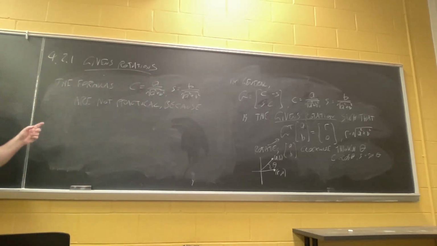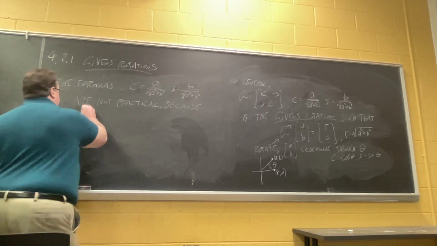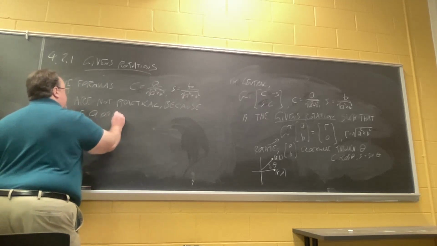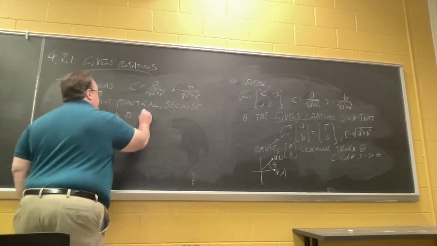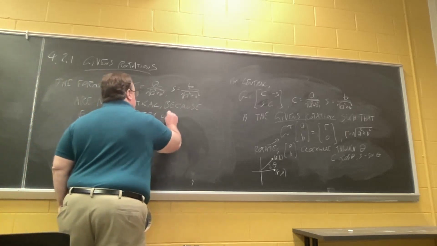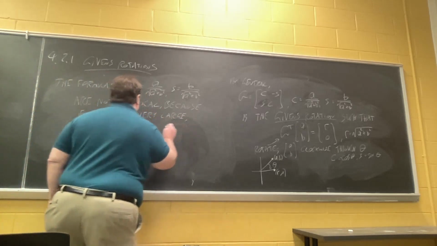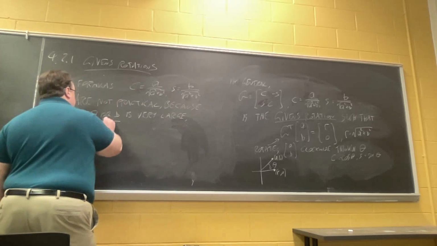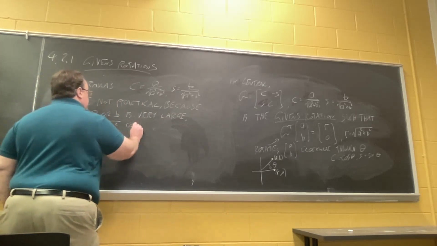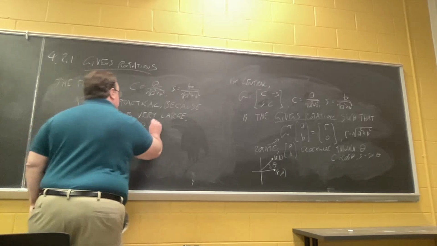And this is a homework problem that you would have both seen in 560. Because if A or B is very large, the square root of A squared plus B squared would overflow.